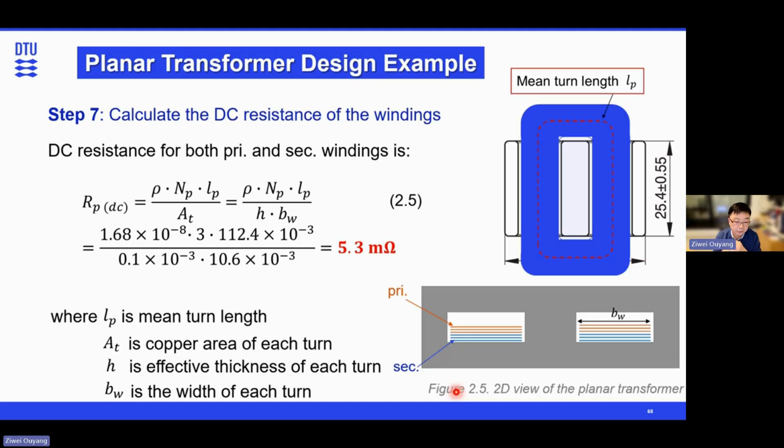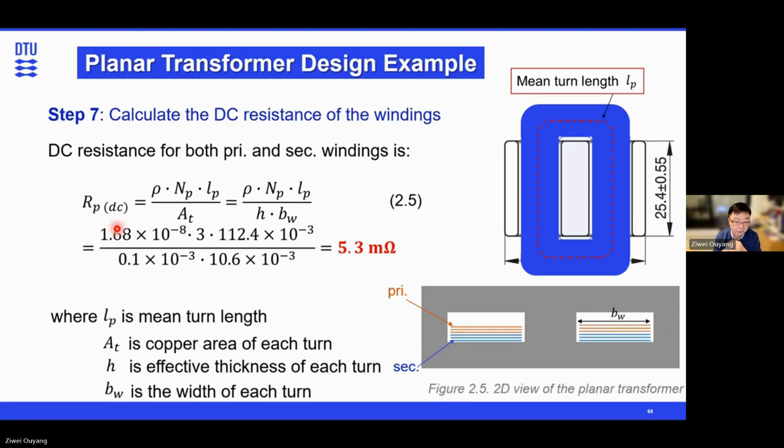This is straightforward. The DC resistance is equal to the resistivity times the mean turn length times the number of turns, divided by the cross section of the conductor, which is equal to the thickness times the width.